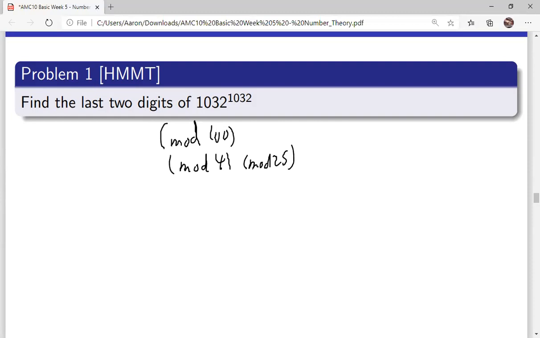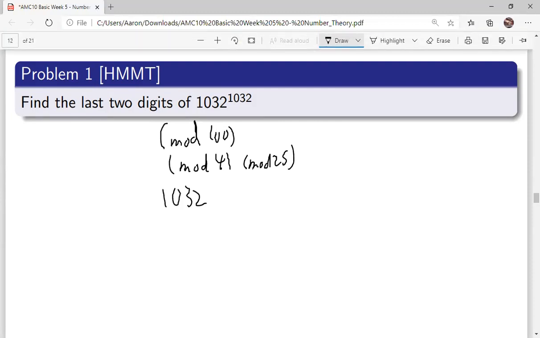All right, so I'll start going over this. So you want to find the last two digits of 1032 to the 1032. So first of all, you can see that 1032 to the power of 1032 is congruent to 32 to the 1032 mod 100.